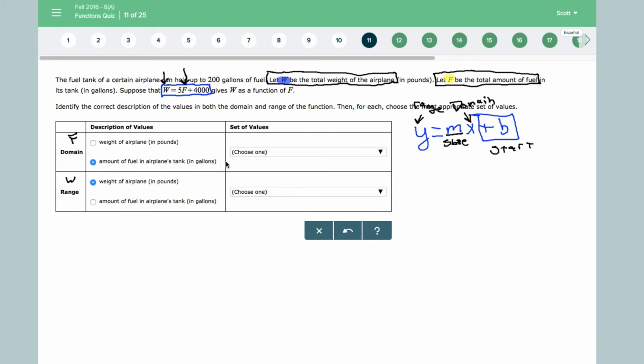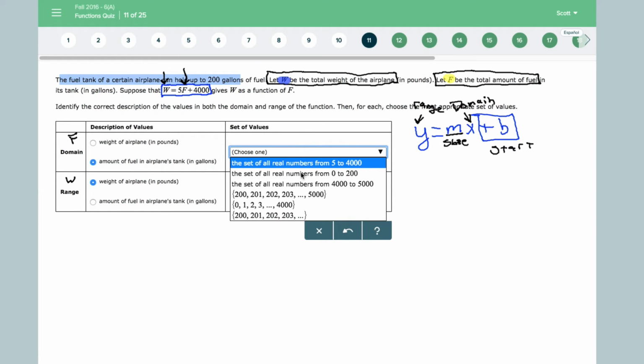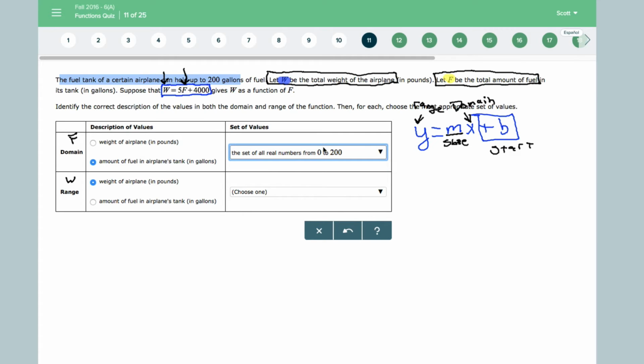Now fuel, how much fuel can they have? They can have 0 fuel, but the fuel tank can hold up to 200 gallons, no more, up to 200 gallons. And we can have 0 fuel, runs out of fuel, it crashes. So it's all numbers from 0 to 200. What about the weight of the airplane? Again, we're starting right there at 4,000.